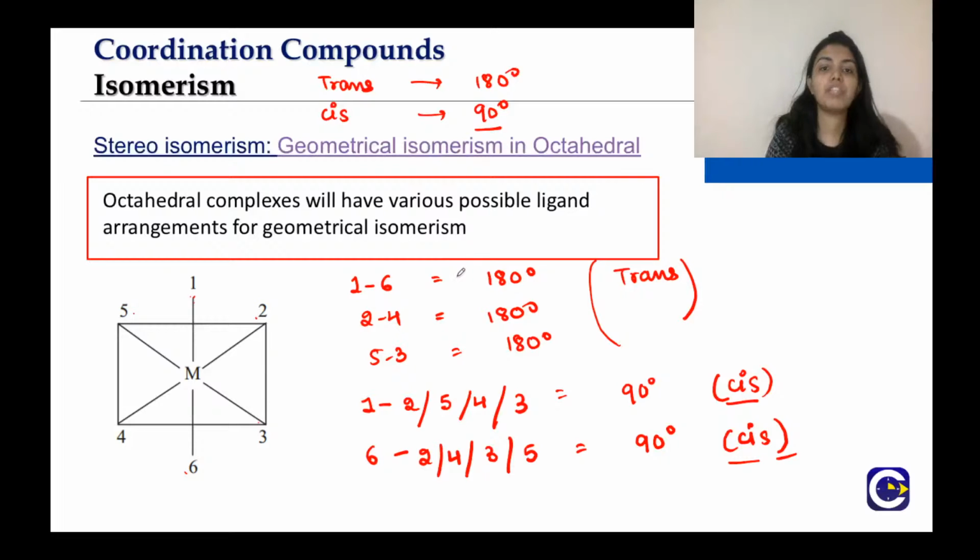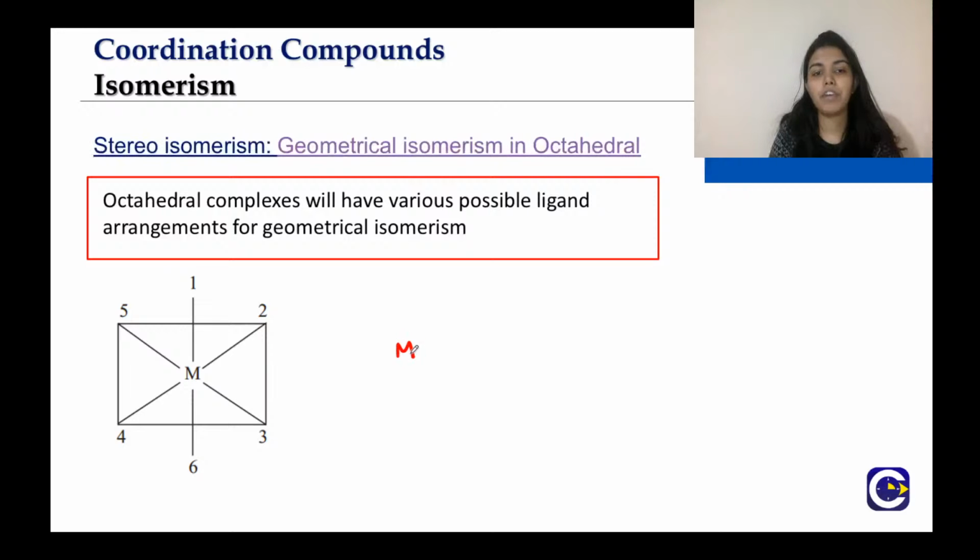In the previous session also, I discussed a trick with you: the isomers in which at least one angle is changed will be geometrical isomers of each other, right? For example, let us say that we have this octahedral complex and another one I draw like this.